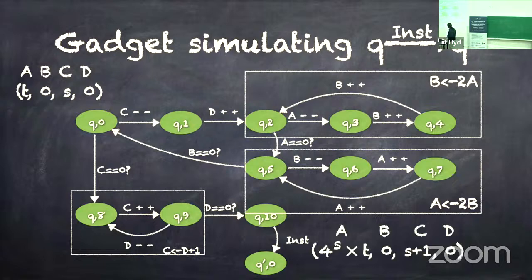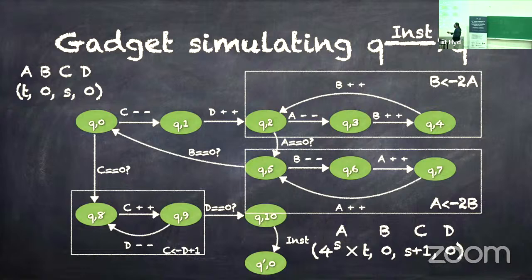Hence, the value of A will be 4 to the S times T. Moreover, here when I'm decrementing C, I'm incrementing D. So I'm actually storing the old value of C, and then incrementing C just by 1. The new value of C is S plus 1.